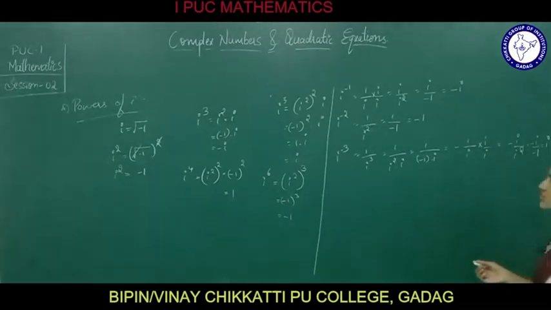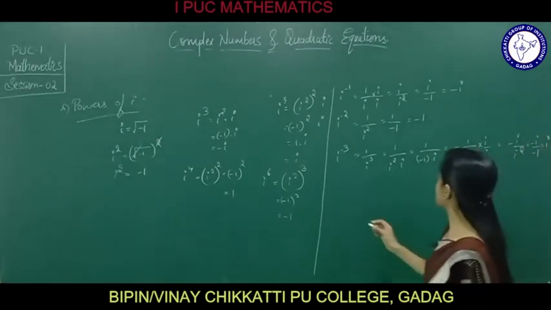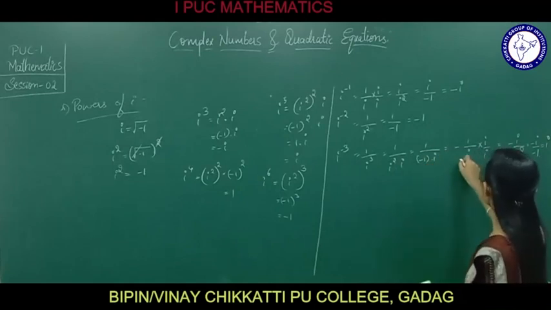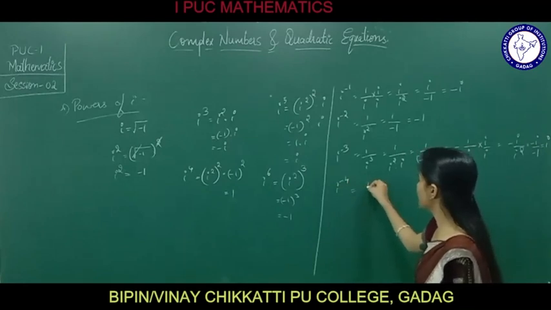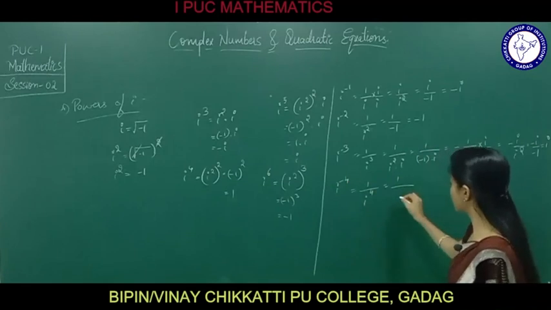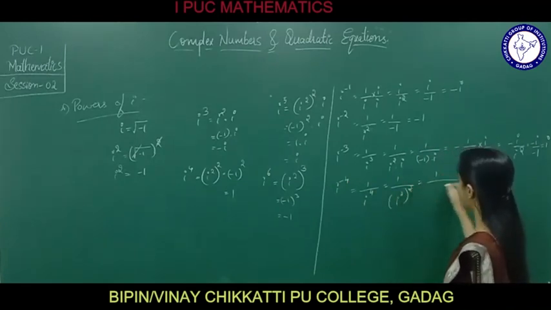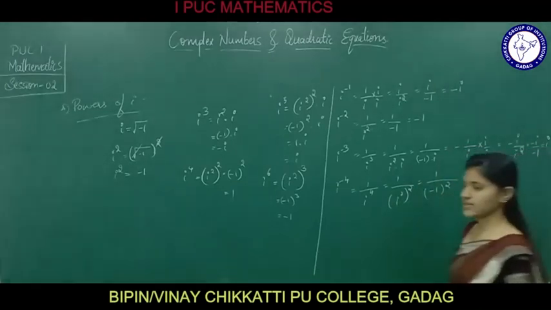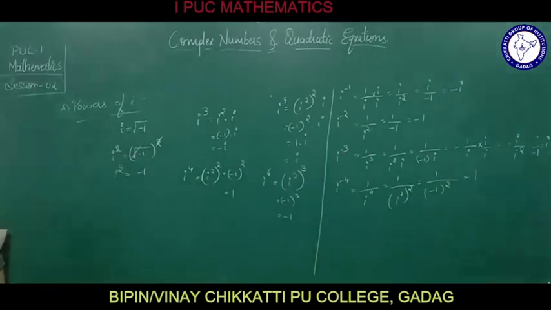Next, what we are going to do? Okay, i raised to -4. This can be written as 1 divided by i raised to 4, nothing but 1 divided by (i square) whole square, nothing but 1 divided by (-1) square, which is equal to 1. i raised to -4 we got as 1 by 1, nothing but 1.